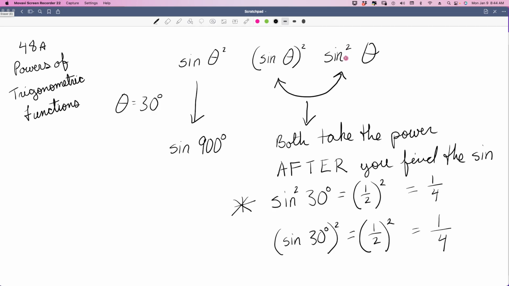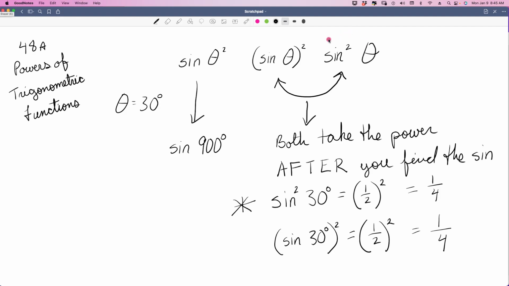This is the one you're going to see the most because it's the faster and the easier of the two to write, which is what mathematicians prefer. They prefer the least amount of effort to get the same result. They don't want you to go through a million steps or a million symbols to get the most succinct method, or to get the same thing.